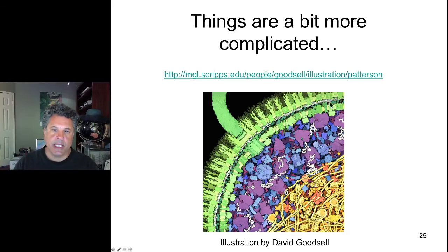So this is just a tiny slice of a bacterial cell. Here is the bacterial flagellum, and you can see that the cytosol really is packed with molecules. It's not just an empty bag of water, and it would be foolish to think of it that way.